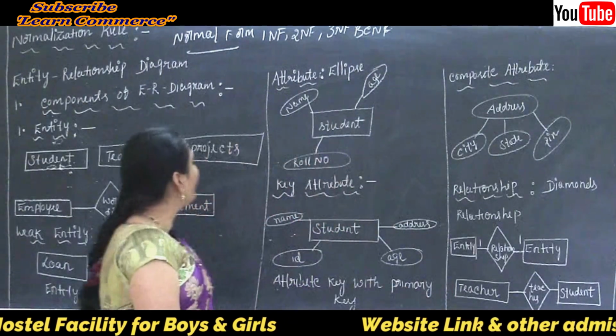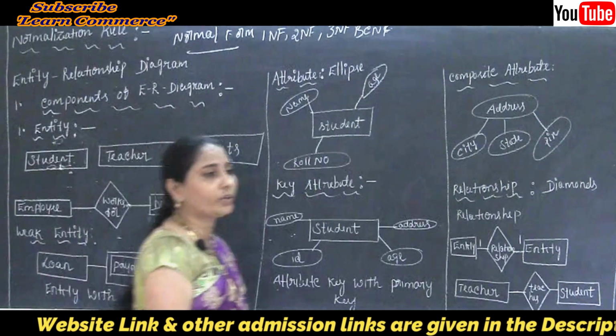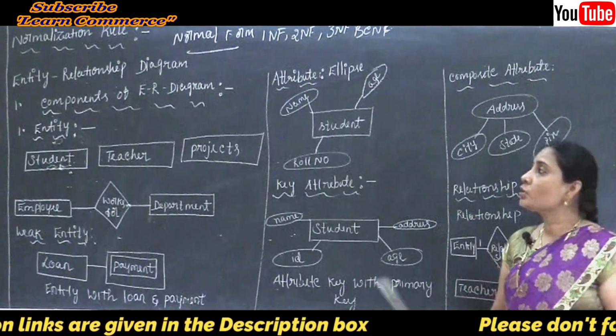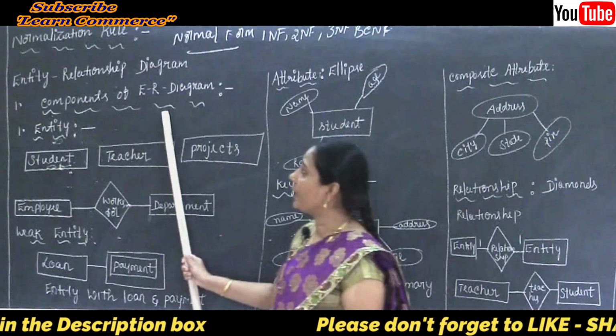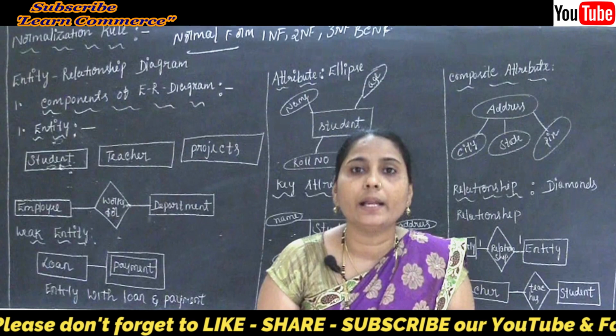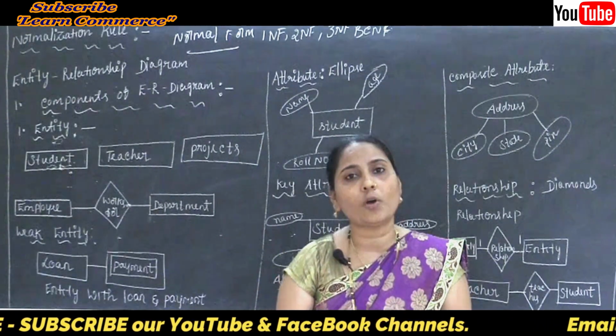Now, after knowing the normalization rule, our next most important concept is called the ER diagram. What's the full form of the ER diagram? The full form of the ER diagram is the entity relationship diagram, and we already know the meaning of the entity.